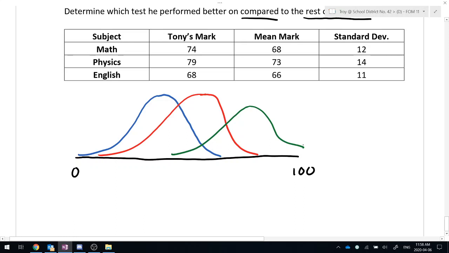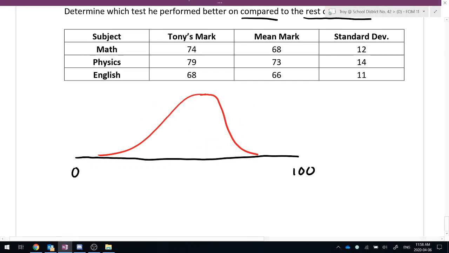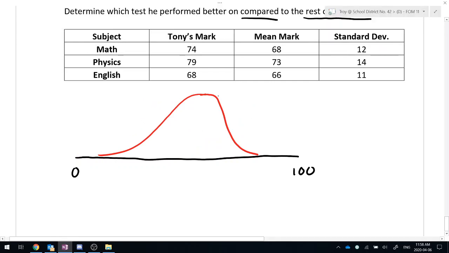They could be anywhere on this line, and what we're actually asking is, out of each of those curves, which one did Tony get the farthest to the right? Did he get it there? Did he get it there? Did he get it there? Right?